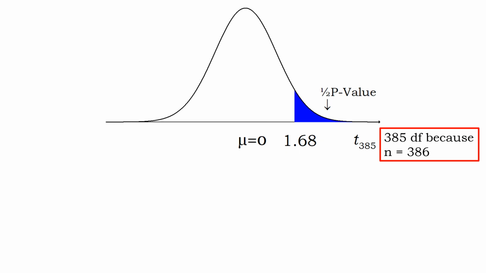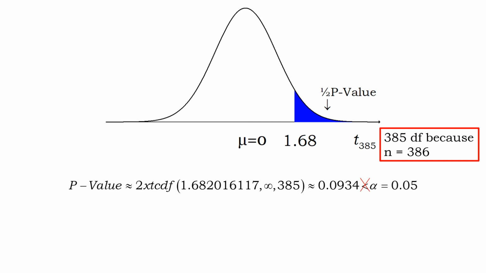Now, we had 386 for our sample size, so I have 385 for my degrees of freedom. This is a two-tailed test. My test statistic happens to be in the right tail, so the area to the right of that test statistic is half my p-value.